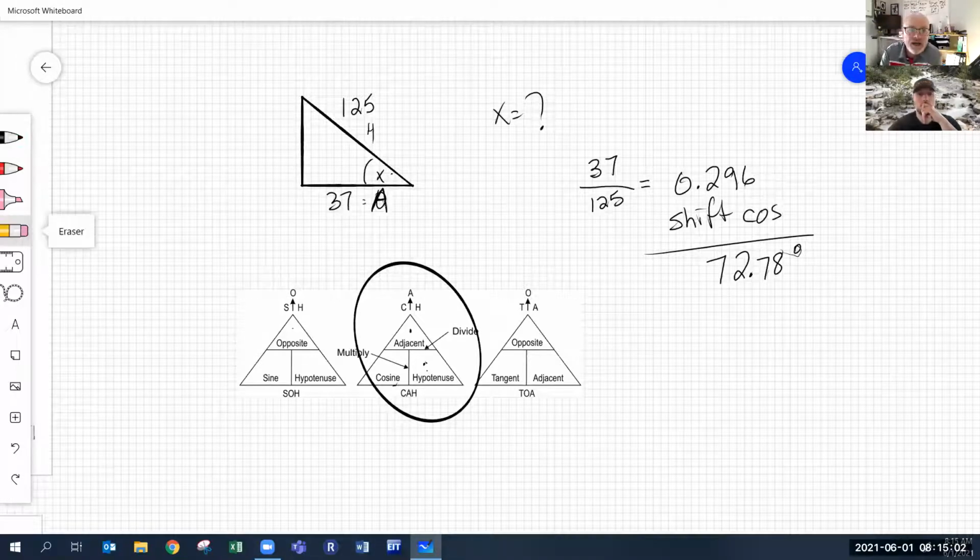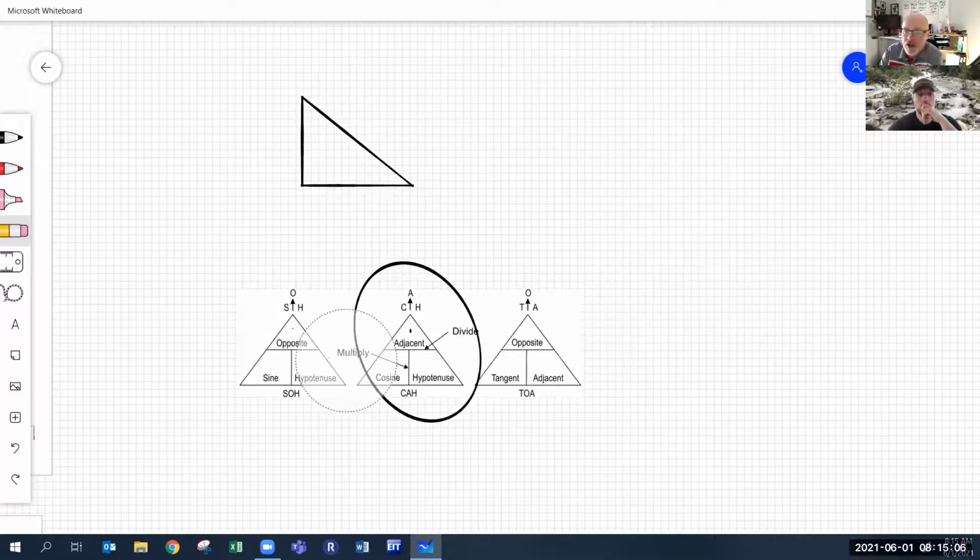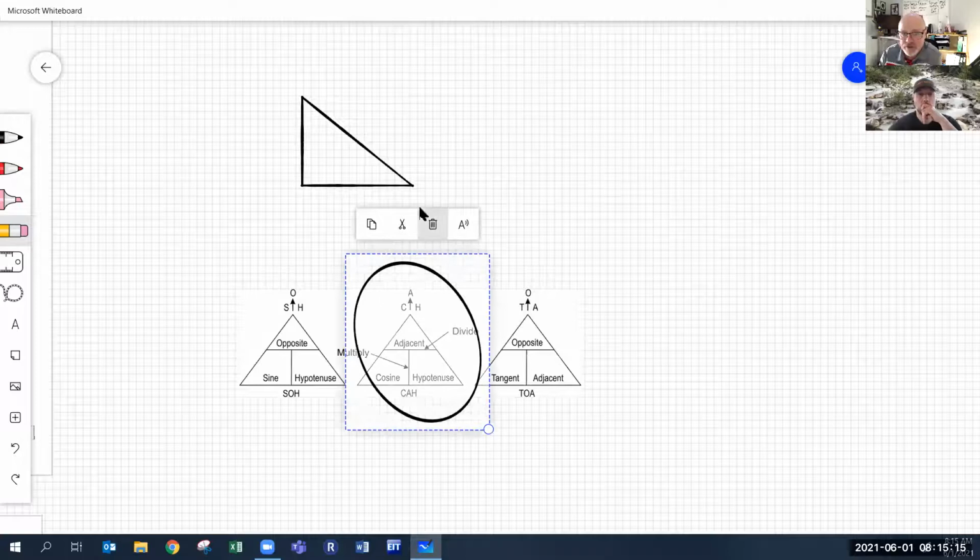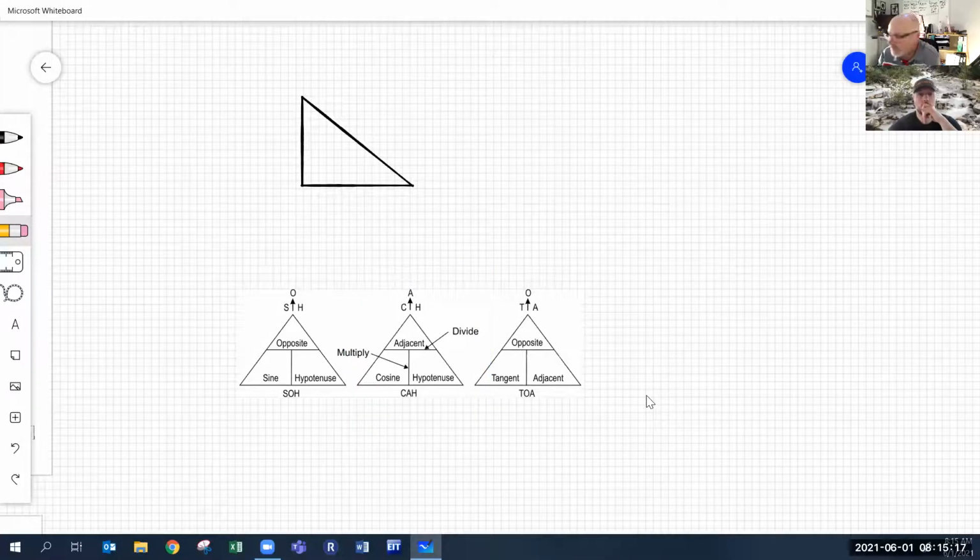So this is why triangle terminology is so important. It is the reason why, because you need to identify your two variables and then you can move on.